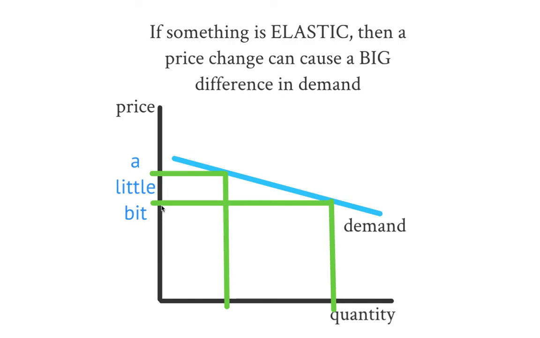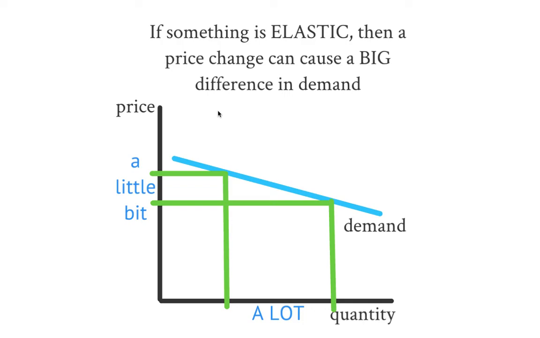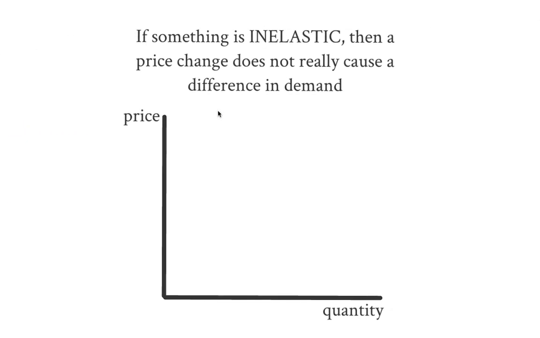Elastic demand can change. So if you look at this chart right here, at let's just call it $1, you would buy a lot of Skittles. However, at $5, you would not buy any Skittles. So that makes your demand elastic. But then there are some things where the demand is inelastic, meaning it doesn't matter how much it costs.